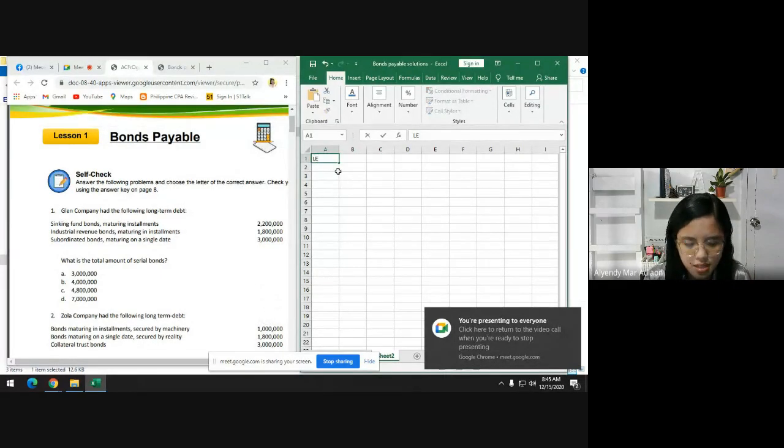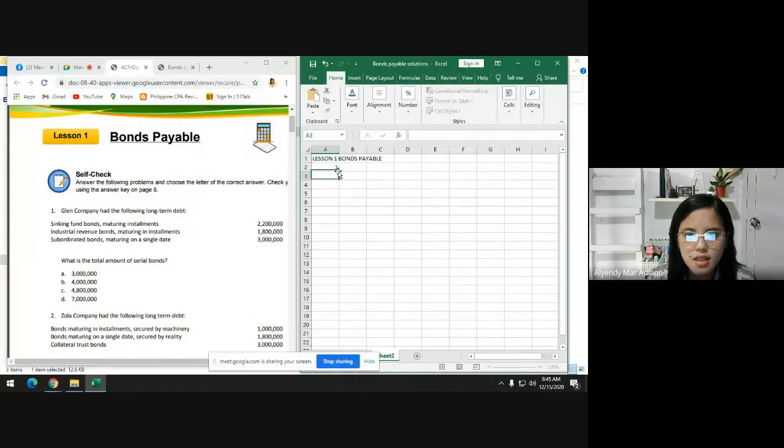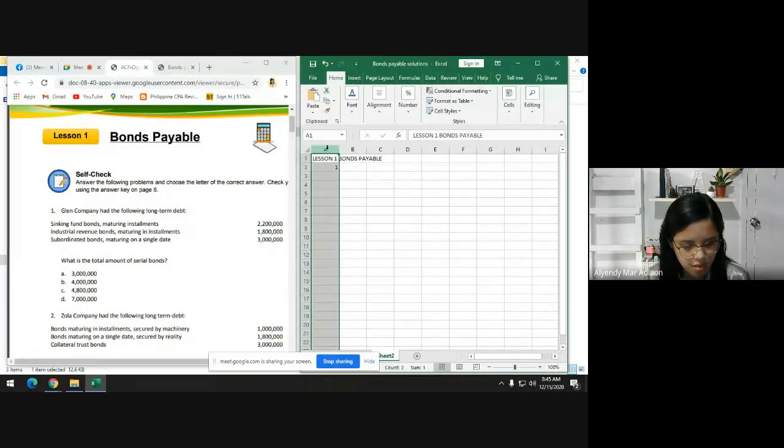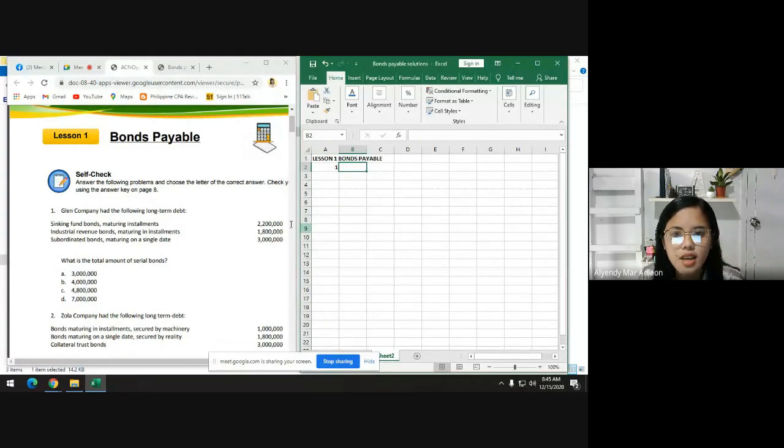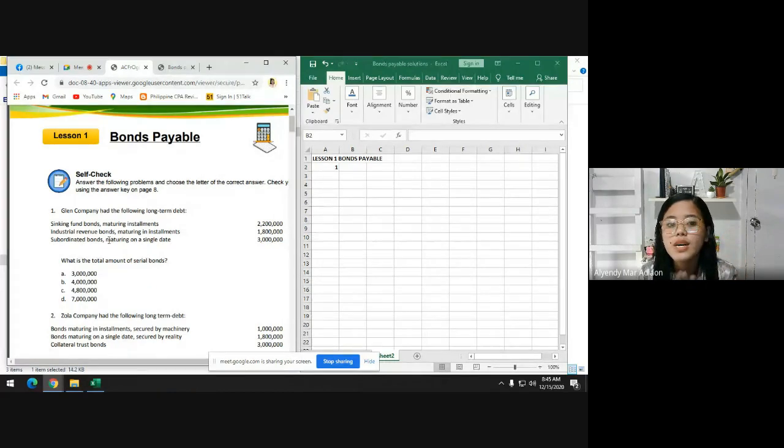This is lesson 1, bonds payable, number 1. You may also send your answer in the chat box. Question: What is the total amount of serial bonds? When we say serial bonds, from the term itself, serial, so series, that means in installment.